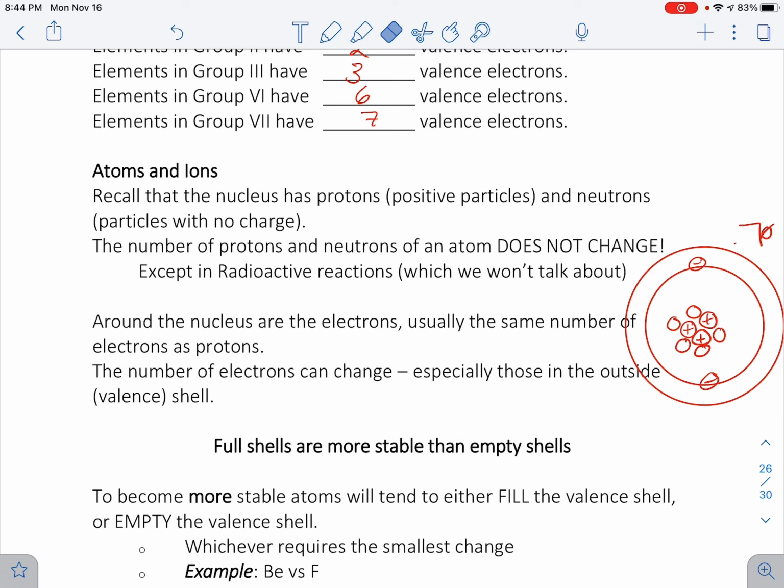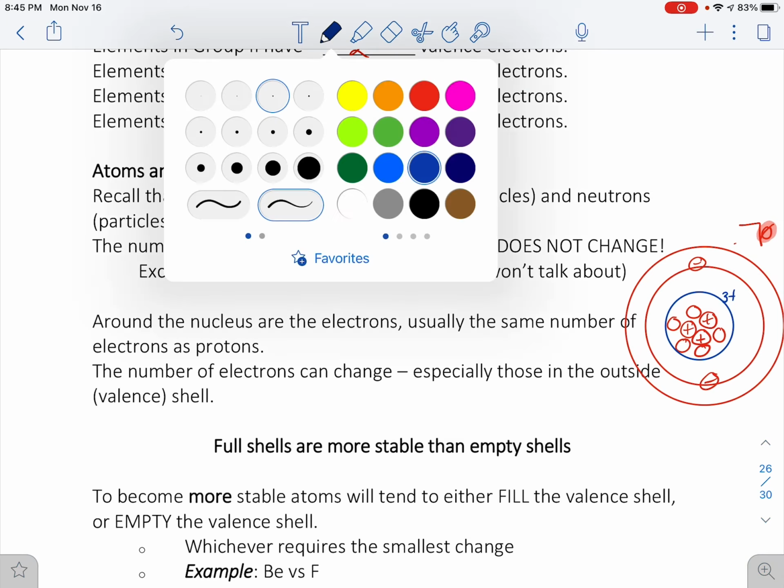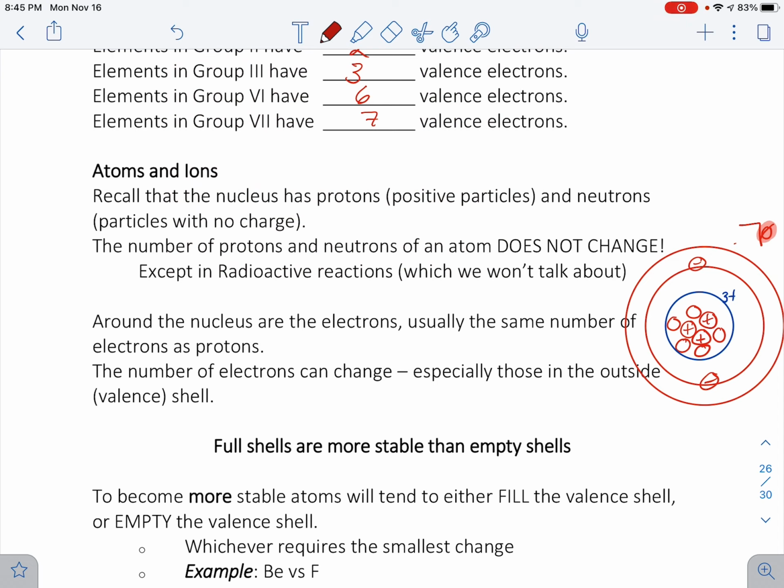But what would that do to the charge up here? If we took an electron away, then we would have to think about how the nucleus, let's make this a different color. So the nucleus, which had 3 positive charges, now has only 2 negative charges in the electrons.